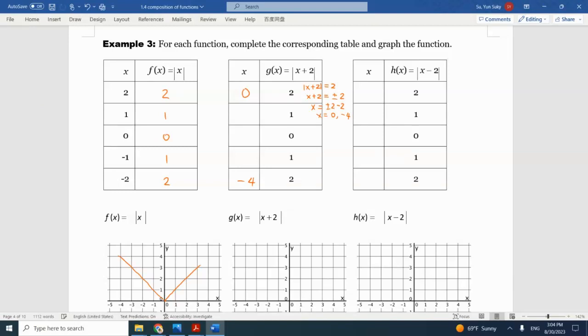Do we have to do both of them, or can we just do one? Oh, then you're missing this one. So this is the y. You set this expression equal to 2, and you want to solve for x. But with absolute value, when you break it, you actually get 2 roots.